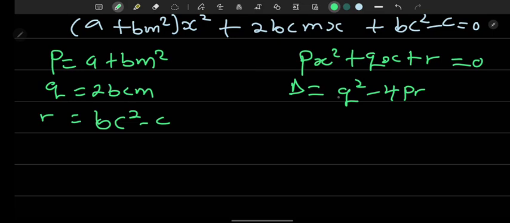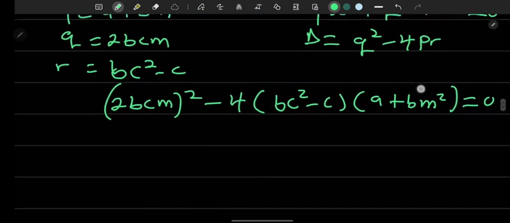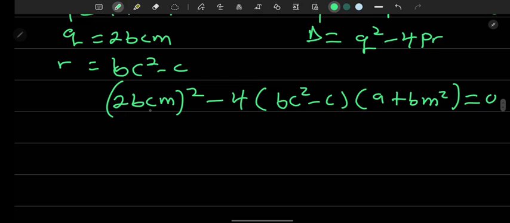So by substitution, you have (2bcm) all squared minus 4 in brackets of (bc squared minus c) times p, which is (a plus bm squared), equals 0. So (2bcm) squared will give us 4b squared c squared m squared, then minus.